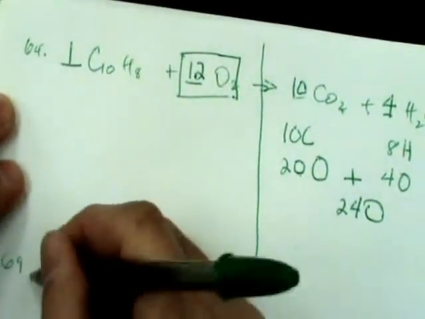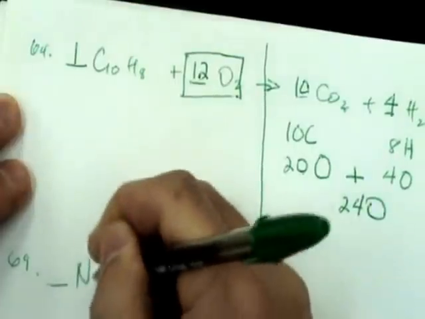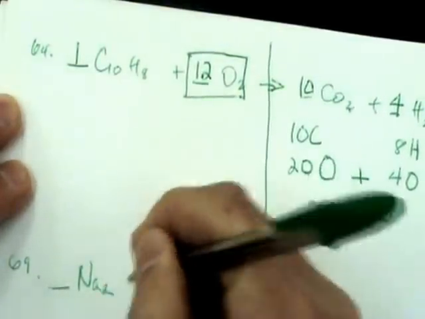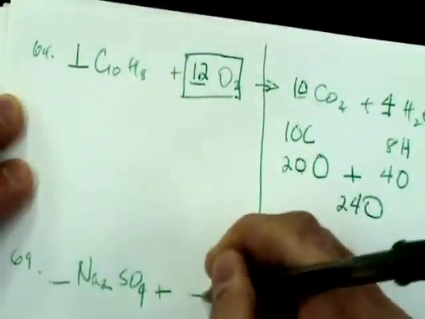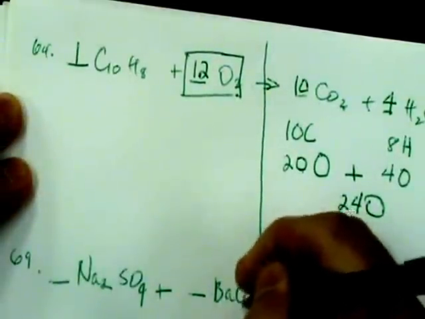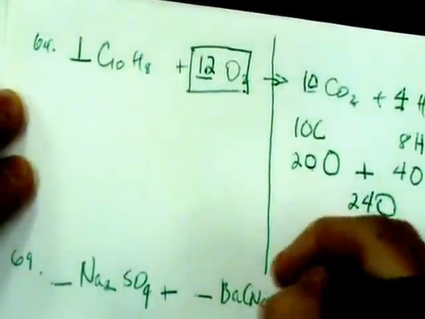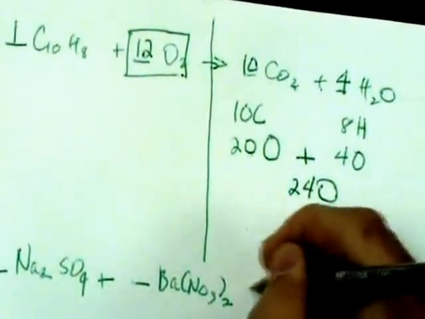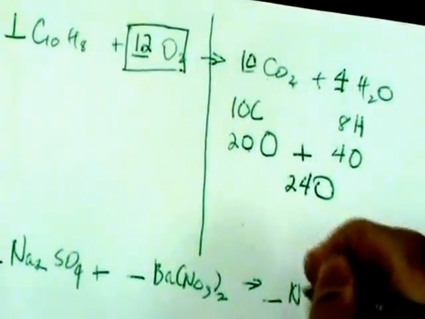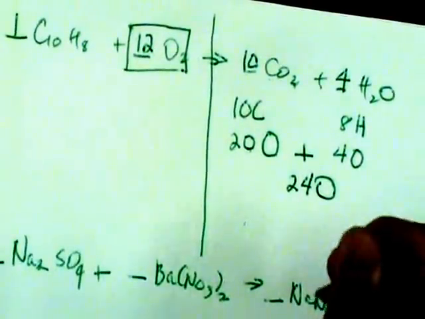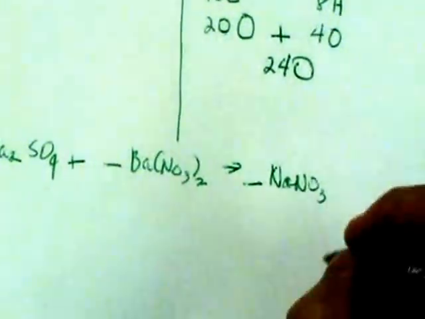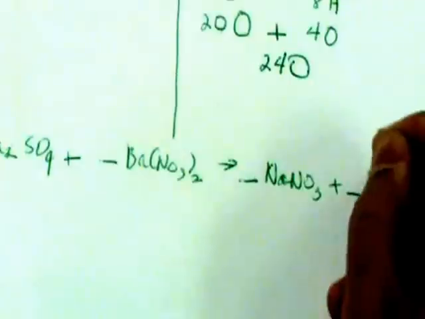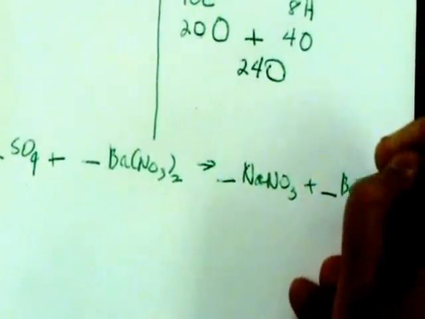So let me write it down here. So that's Na2SO4 plus Ba(NO3)2 gives us NaNO3 plus BaSO4.